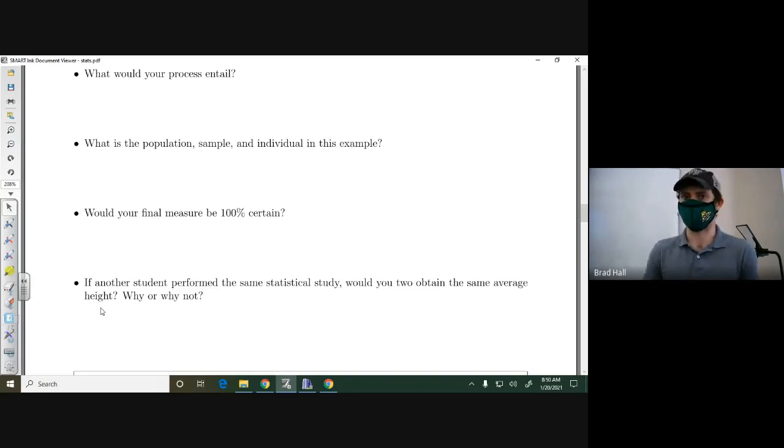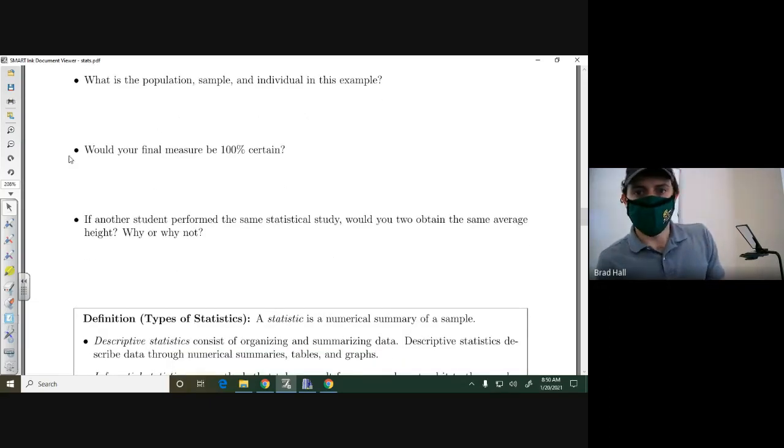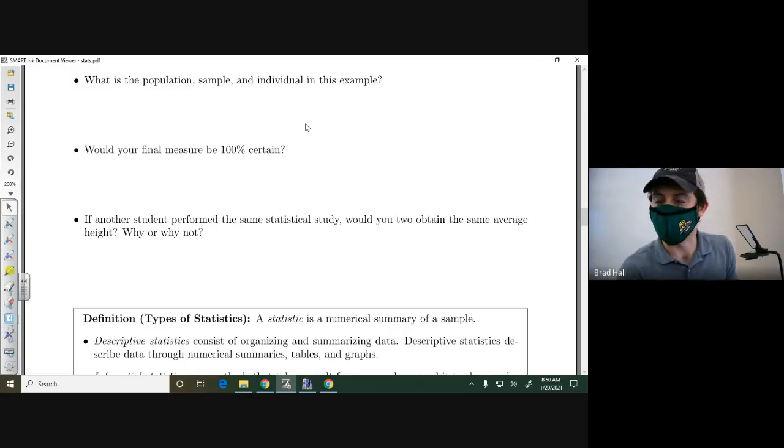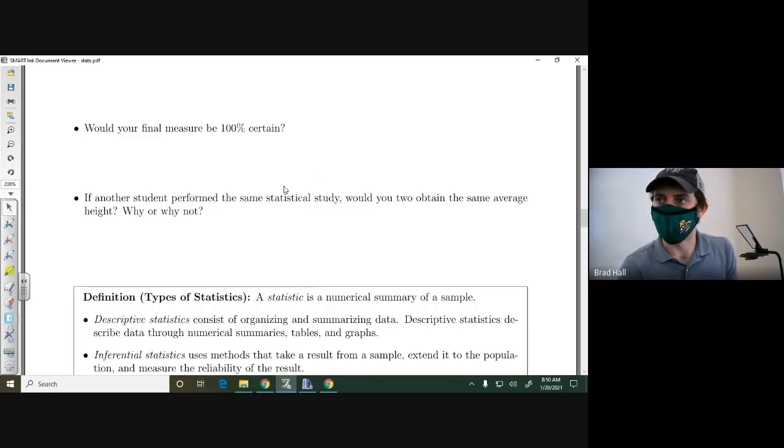By that point, some of your data may be outdated. So these are all practical things that people think about. So statistics are not 100% certain, but they should provide you a level of confidence that a number you get provides a good representation of the population as a whole.